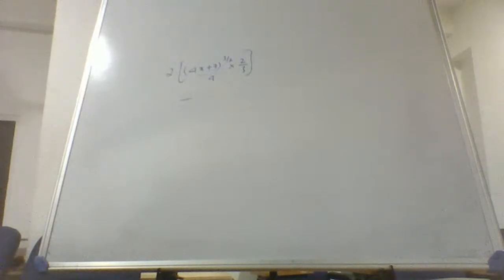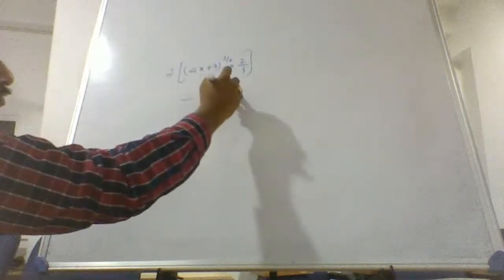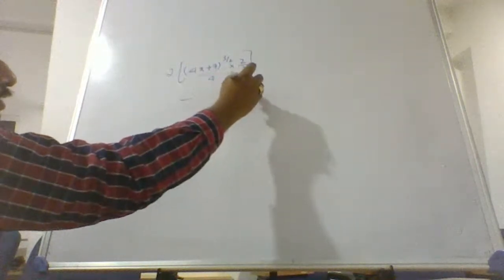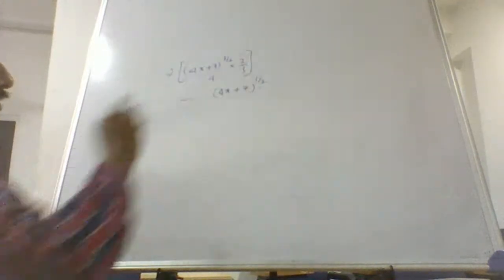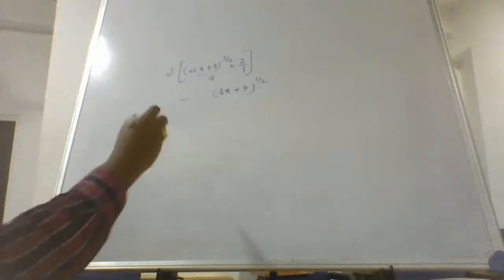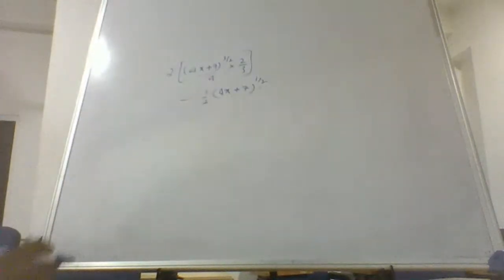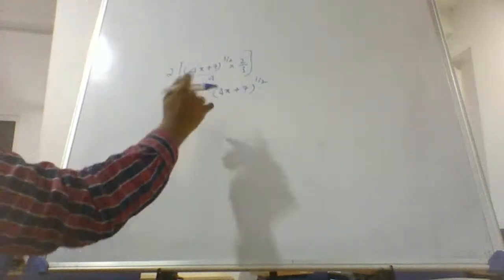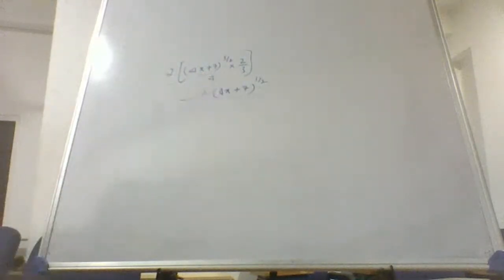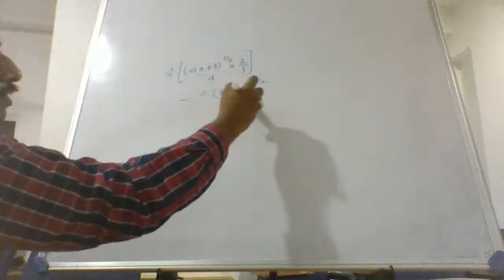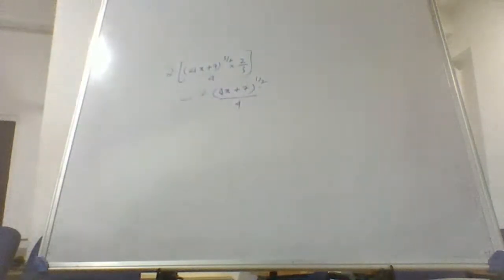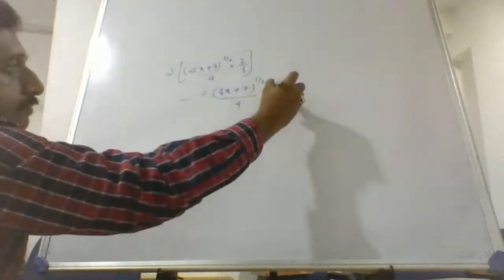So we'll have that as (4x + 7) to the power of half. This will be half and divided by 2. So minus. Okay, so it goes to the numerator. So it will be 2, and in the denominator we will have 4, the differentiation of 4x + 7, plus c.